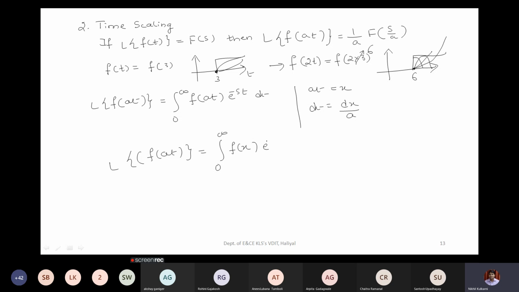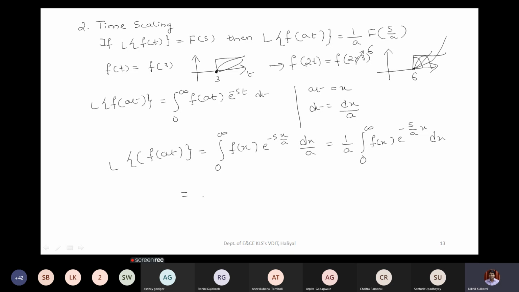Here I can put t equal to x by a, so I can write s into x by a, then dx by a. If you take 1 by a outside, you will be left with the integration of f of x e to the power s by a into x, dx.